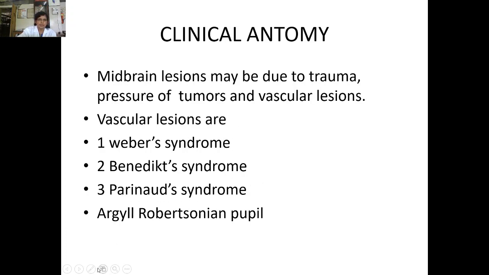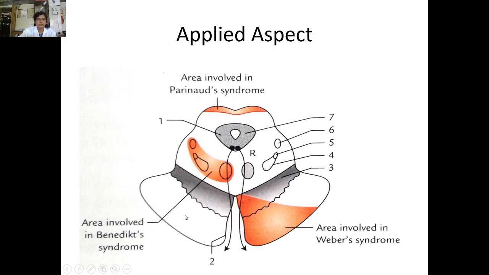Another clinical aspect is the Argyll-Robertson pupil, which we have seen is due to damage or lesion in the pretectal nucleus. So we will see these syndromes.